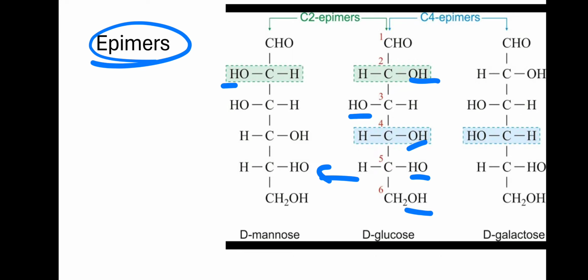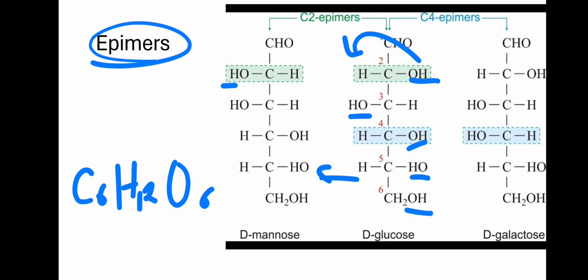Epimers of each other. Why? Because their structure differs at a certain carbon atom, but their chemical formula remains the same. So in spite of you changing the OH from this side to this side, mannose and glucose will still be C6H12O6.